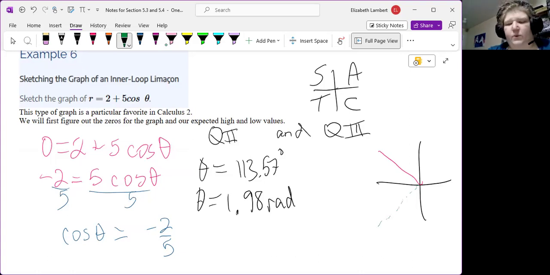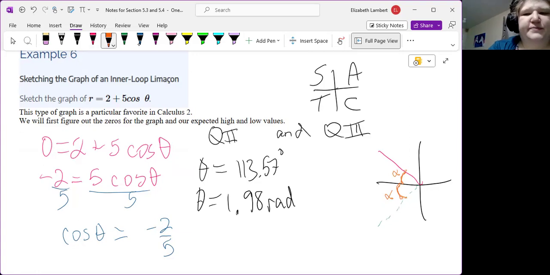Here's the quadrant 3 angle. Those two angles that I just highlighted in orange, the reference angles, are the same. I don't want to call those theta, but here we'll just say alpha.